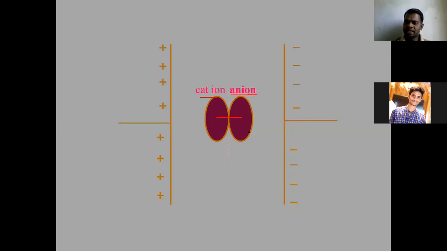Now an electric field is applied. Cations will move opposite to the electric field. This is the electric field direction.